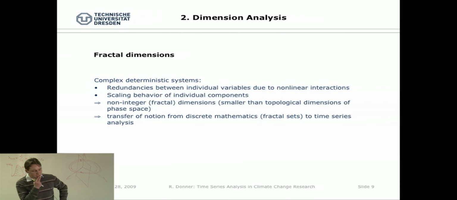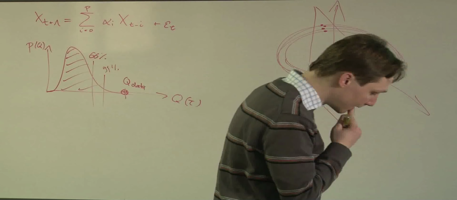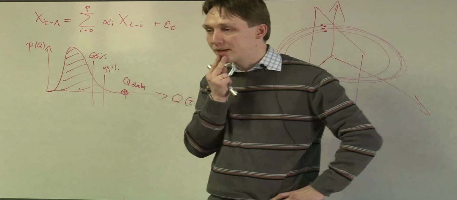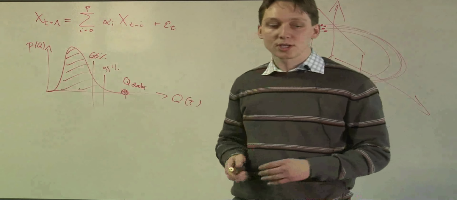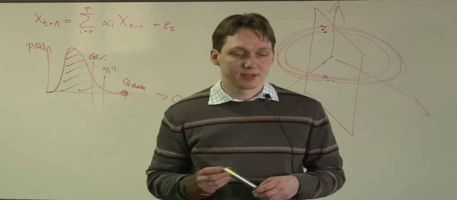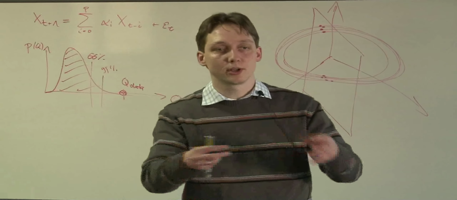There's also another concept of dimension, which works kind of differently. And that's the concept of fractal dimensions. You can consider fractal dimensions as follows. When you have a complex deterministic system, such a system is usually characterized by certain redundancies between the individual variables. These redundancies come into the system due to the nonlinear interactions.